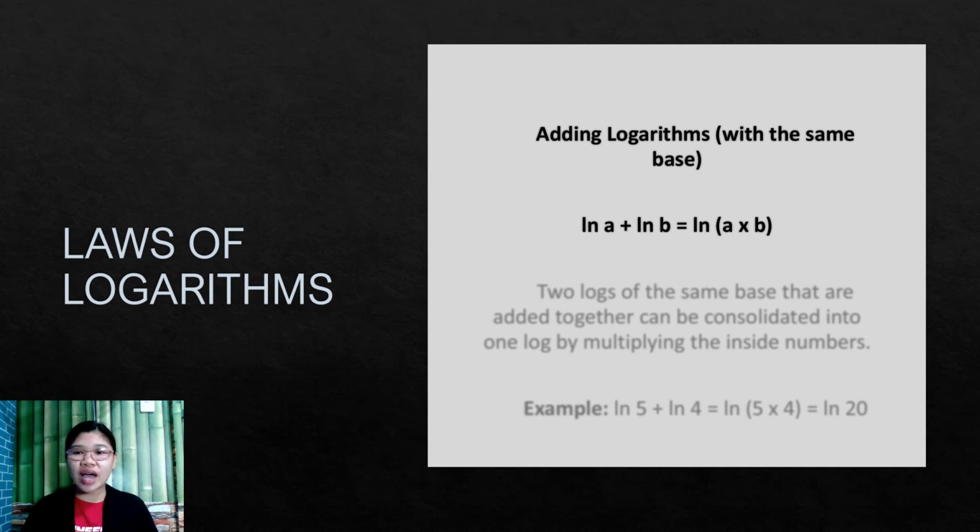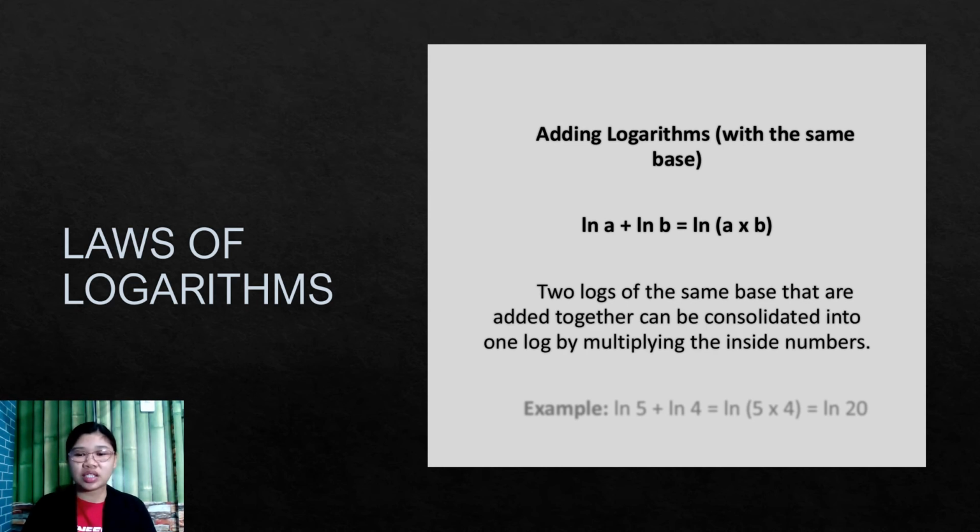So, here we have adding logarithms with the same base. ln A plus ln B, or since ln is a short version of logarithm with base e, it can also be represented by logarithm of a base e plus logarithm of b base e. The most important thing here is that they still have the same base.